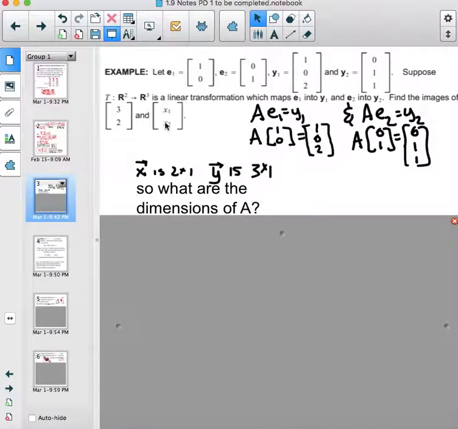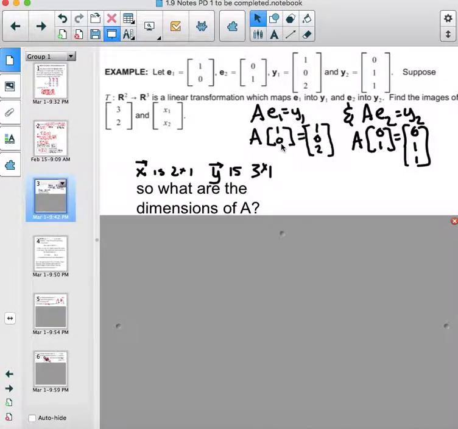What is that image? And take x1, x2 and transform it in the same way that E1 gets transformed into Y1 and E2 gets transformed into Y2, and find out what happens there. So AE1 is Y1, set it up. AE2 is Y2, set it up.